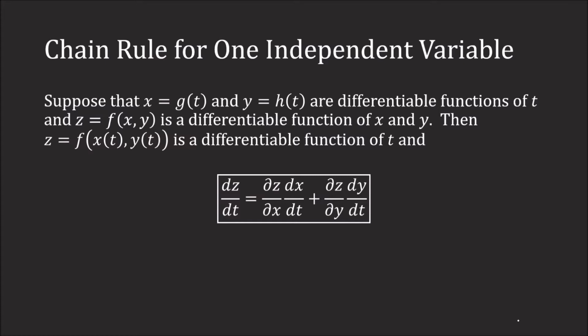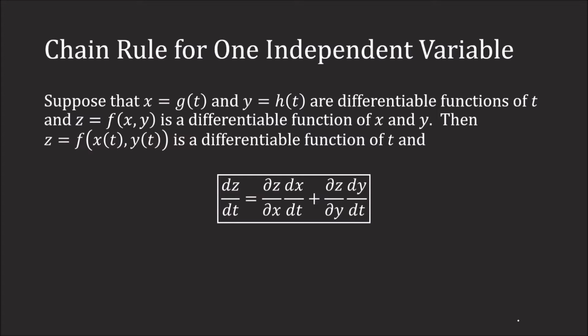Then z equals f of x of t, comma, y of t is a differentiable function of t, and dz/dt is equal to partial z partial x times dx/dt plus partial z partial y times dy/dt.